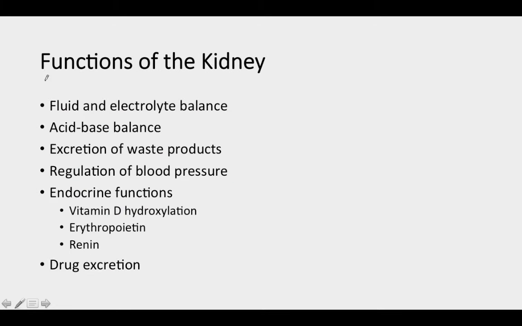So what are the functions of the kidney? Well, the kidney regulates the balance of fluids and electrolytes in our body. And the way it balances fluid in our body is through two main pathways that you should know about. There's the renin, angiotensin, aldosterone axis. And remember what aldosterone does? It acts on the distal tubule and the collecting duct.